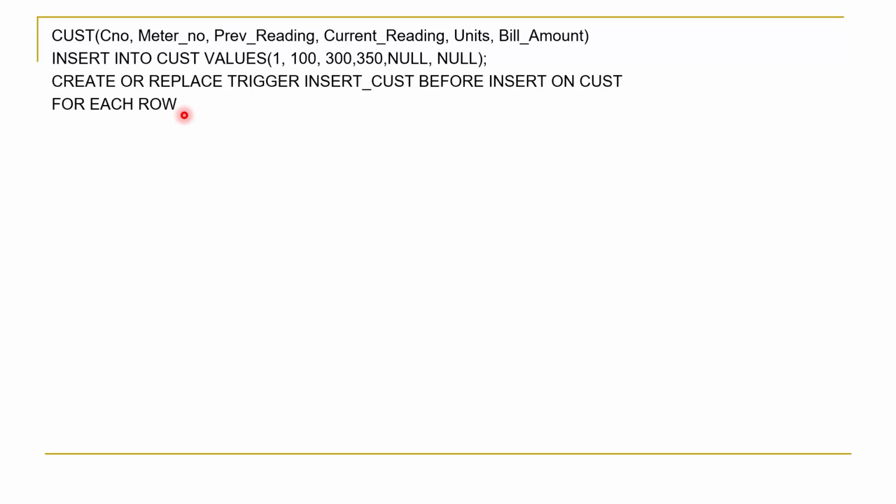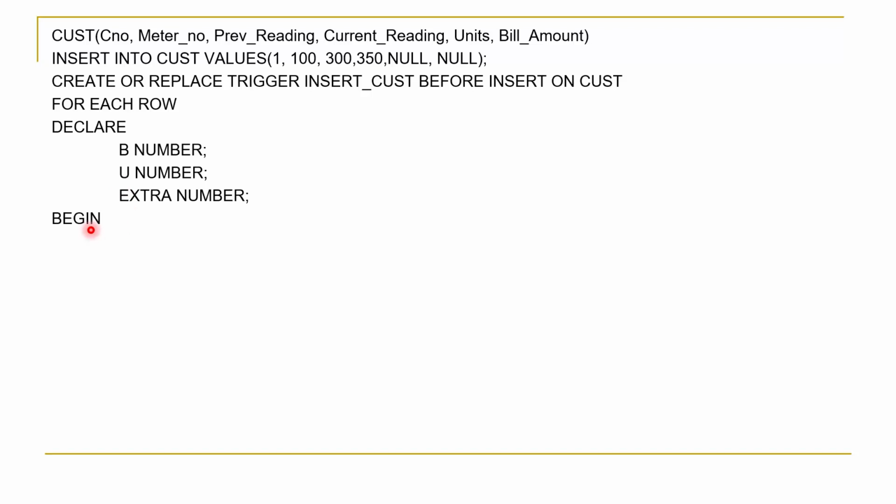The level is for each row. Here in the declare section we are declaring some variables: b as number type, u as number type, and extra as number type. b will be used to store the value of bill, units will be stored in u, and extra units will be stored in this variable extra.